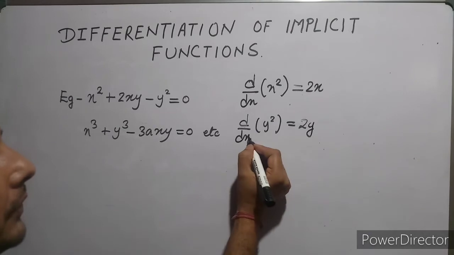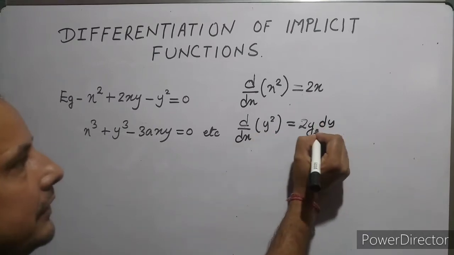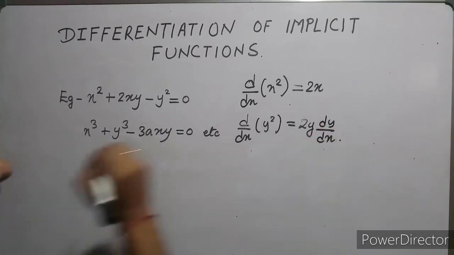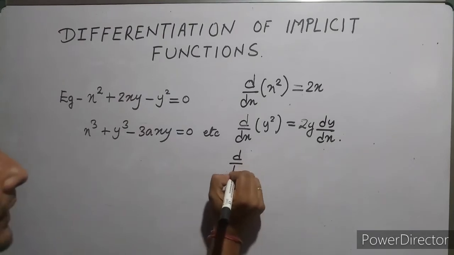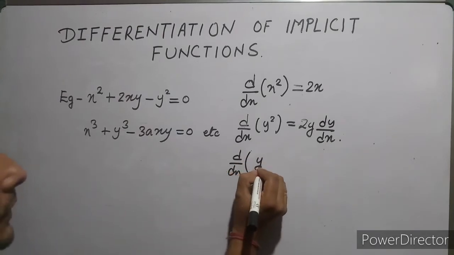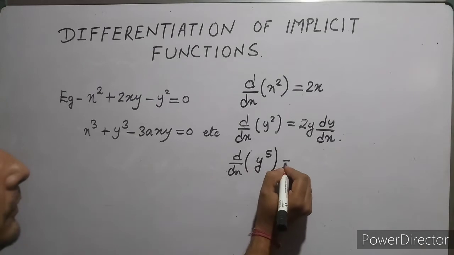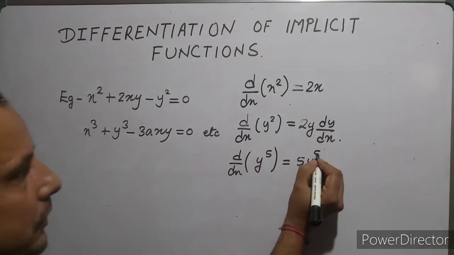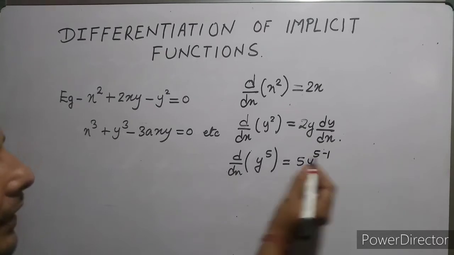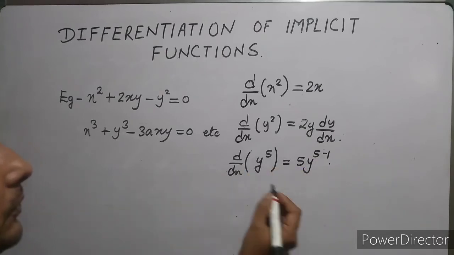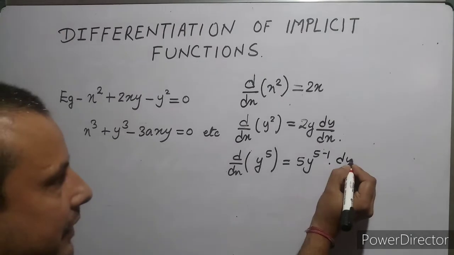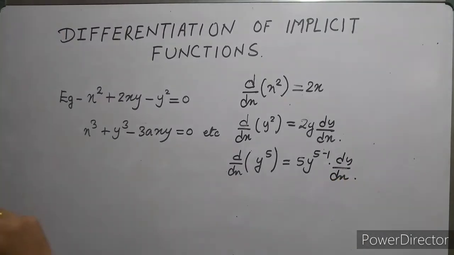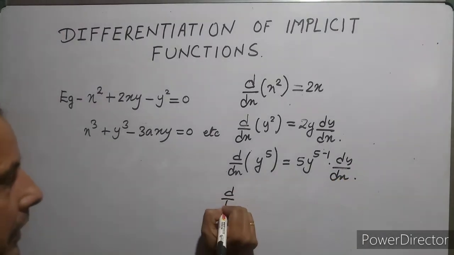But y you have to differentiate with x, so you have to add dy upon dx. Similarly, for y to the power 5, first the power function, 5y to the power 5 minus 1, the n x to the power n minus 1 formula, into y with respect to x, which is dy over dx.